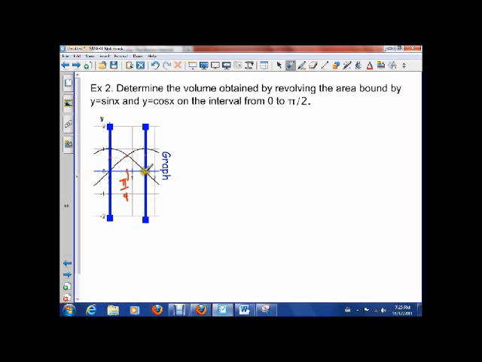You can solve that with your graphing calculator. Okay, so we know that we're going to do the integral from 0 to pi by 4 of, remember, pi and then r squared. Well, the top function is cos x, so this will be cos squared x, and the bottom function is sine x.